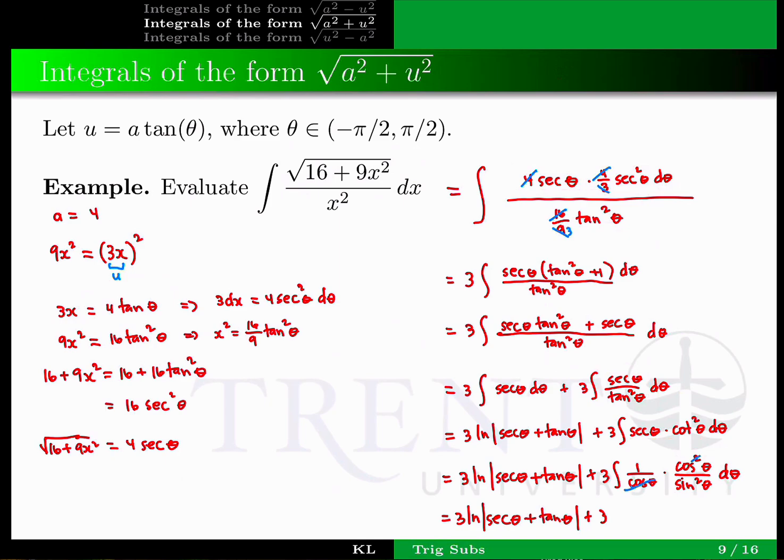Let us look at this particular expression here. Cosine theta over sine squared theta, let me write it on the side. You can write this as cosine theta over sine theta times 1 over sine theta. But cosine theta over sine theta is equal to cotangent theta, and 1 over sine theta is cosecant theta.